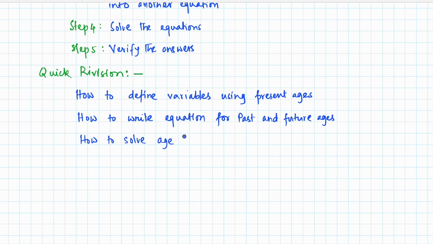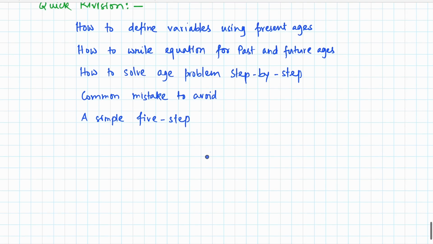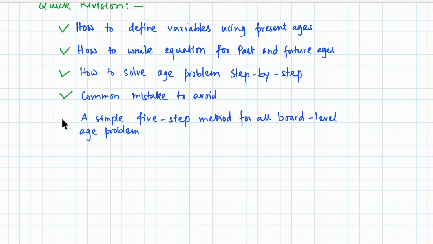Then how to solve the age problem step by step that we have shown, and the various common mistakes that generally we make while we solve this kind of problems, how to avoid them, and the simple 5-step method to follow for all board level exams for age problems. So these are the 5 important things which we have done in this particular video.